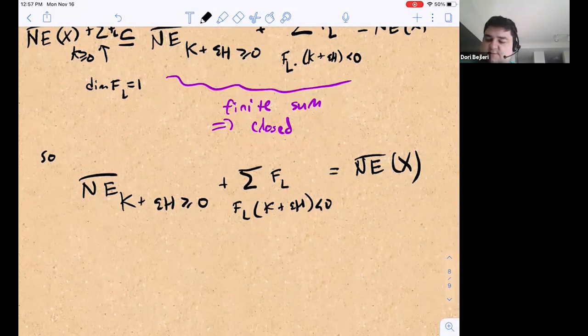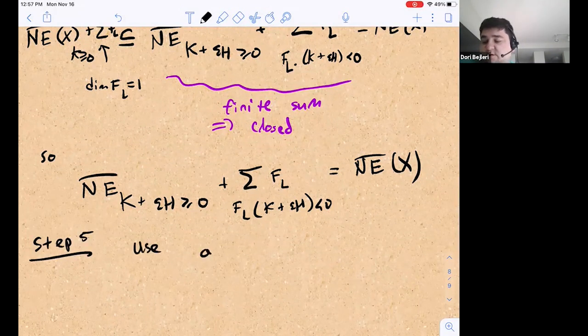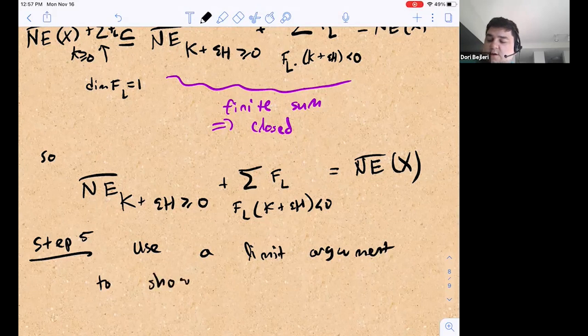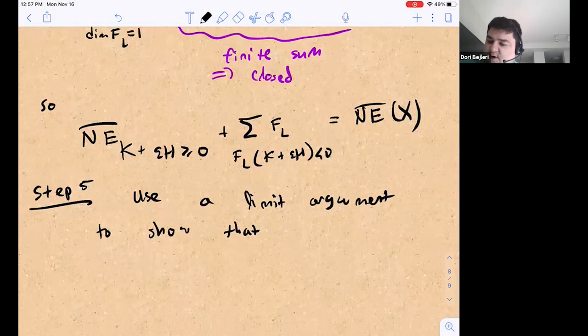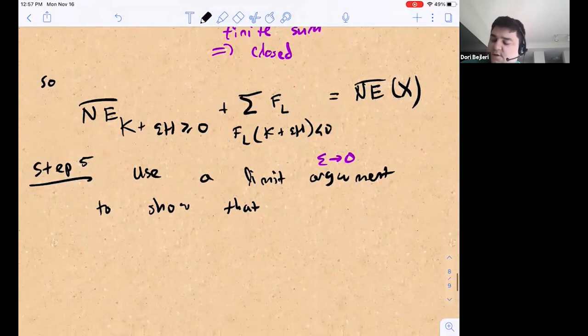Okay, so then step 5, I'll just summarize. Now we'll use a limiting argument to show that when we don't perturb by an epsilon, so basically our limit as epsilon goes to 0, to show that when you don't perturb by epsilon, the cone is already closed.